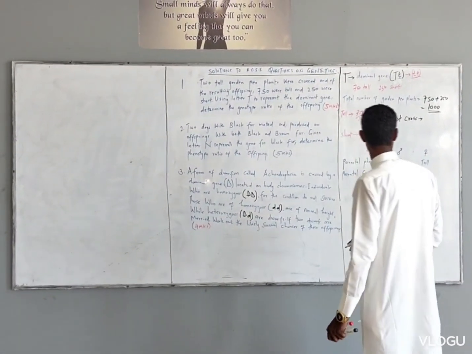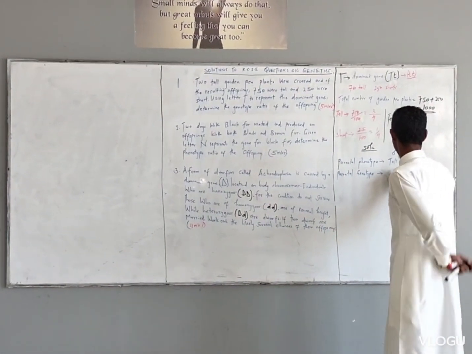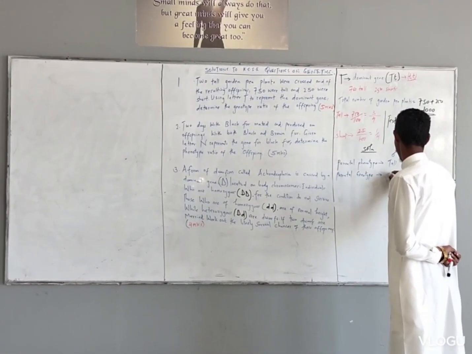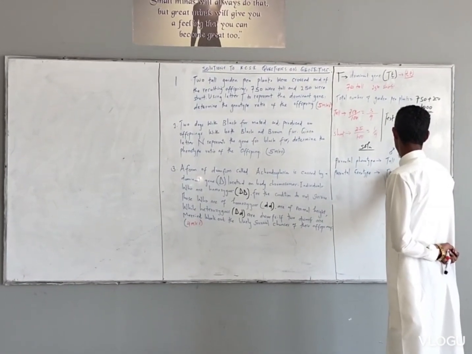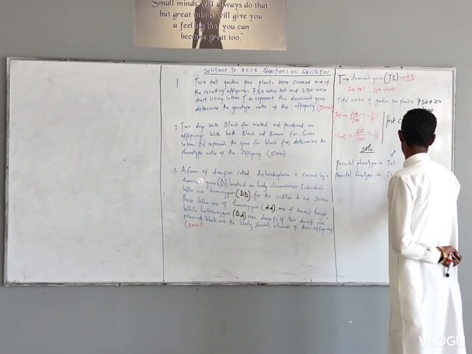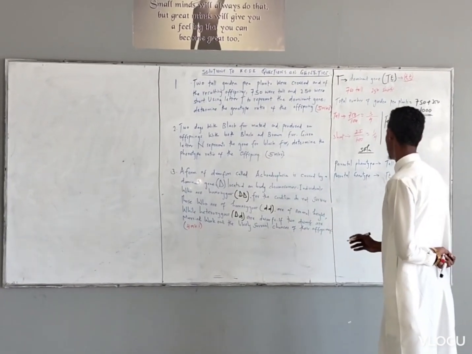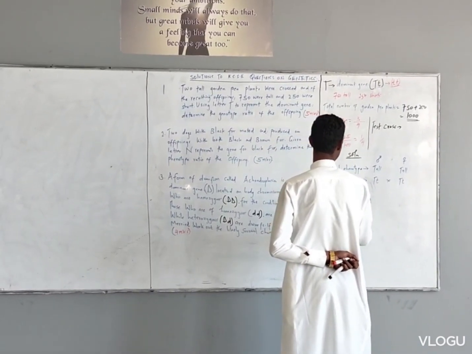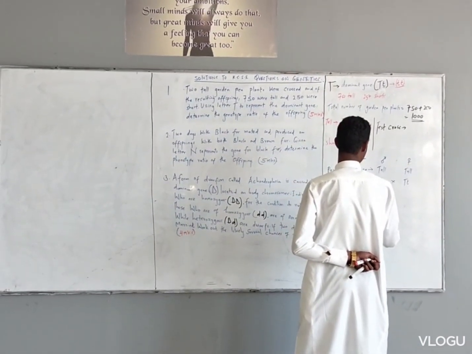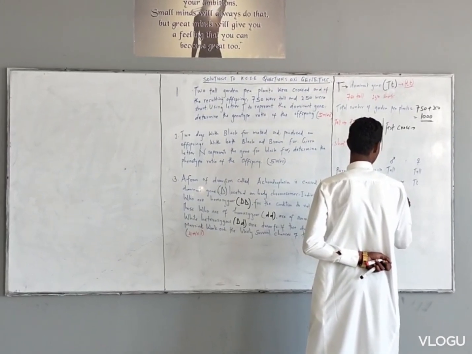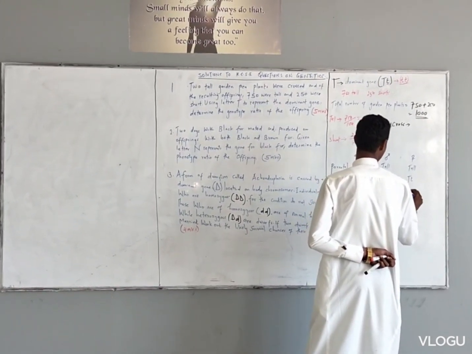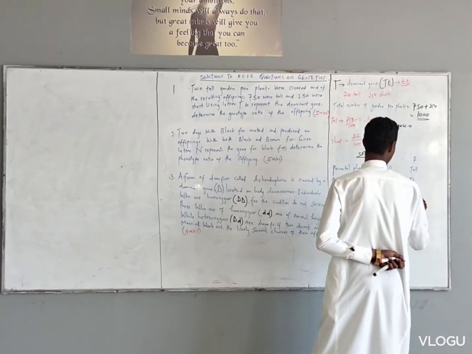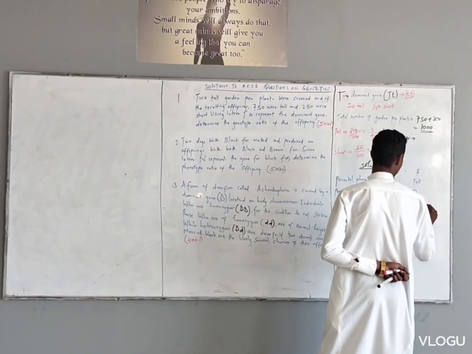The parental genotype is Tt crossed with Tt. Gametes: T and t from one parent, and T and t from the other.